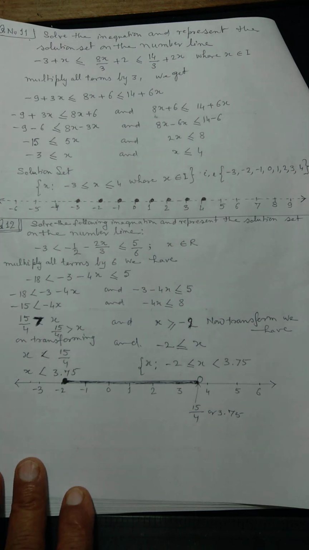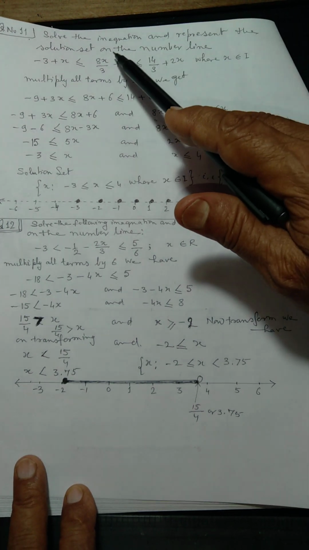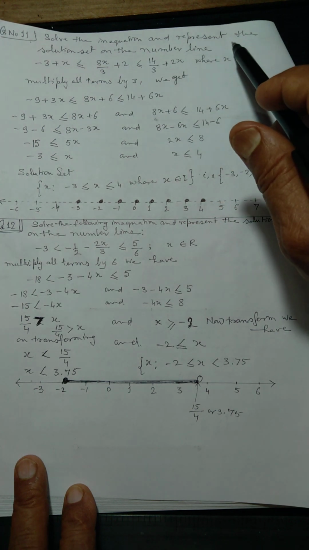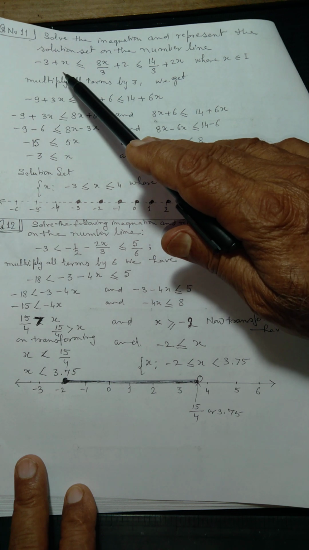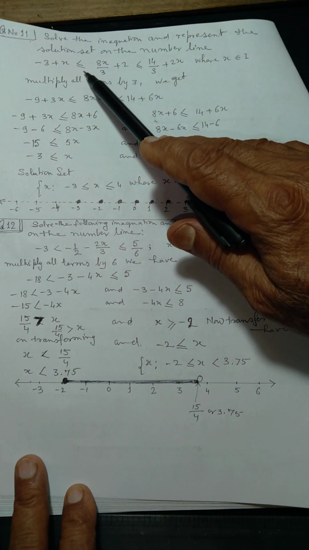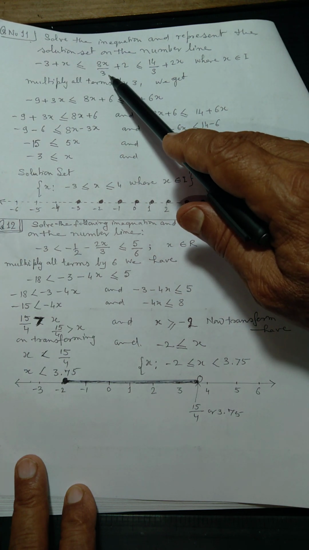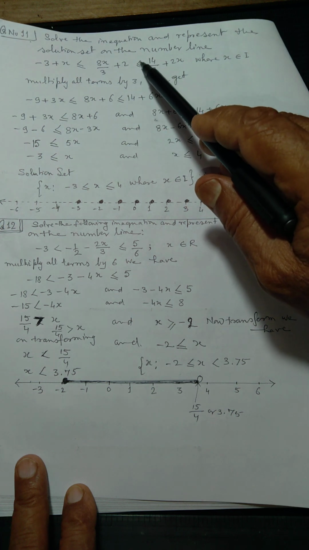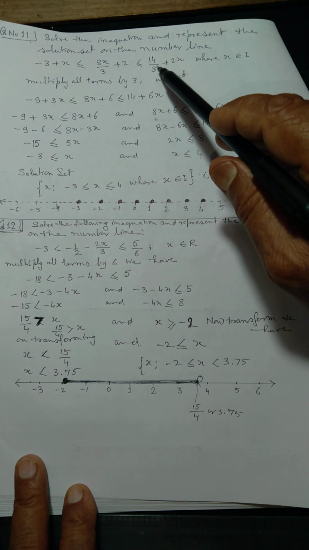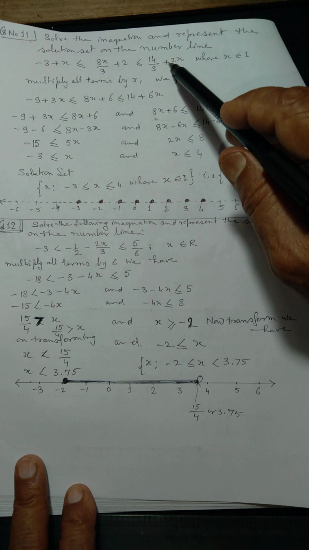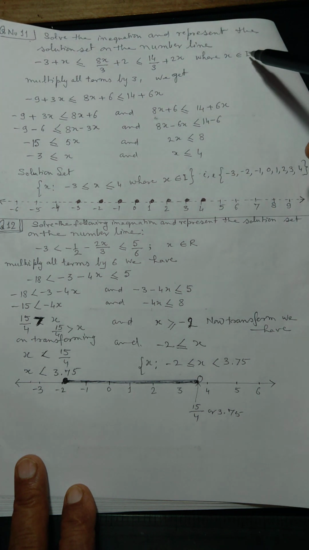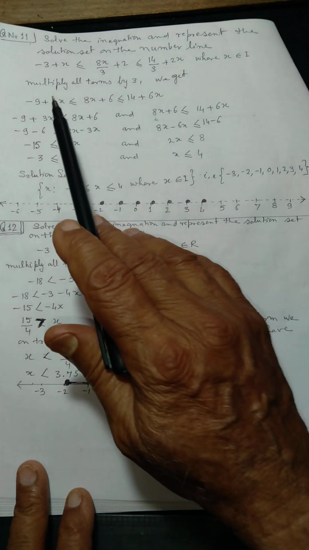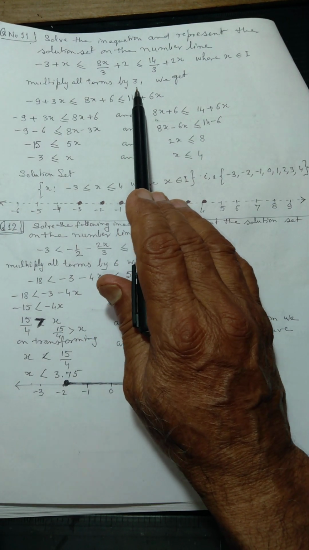Now question number 11 states: solve the inequations and represent the solution set on the number line. Minus 3 plus x less than or equal to 8x plus 3 plus 2 less than or equal to 14 by 3 plus 2x, where x belongs to integers. Now multiply all the terms by 3.